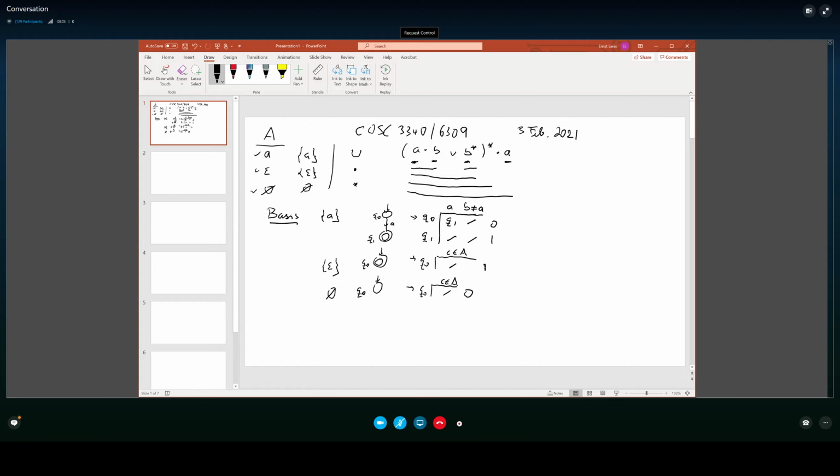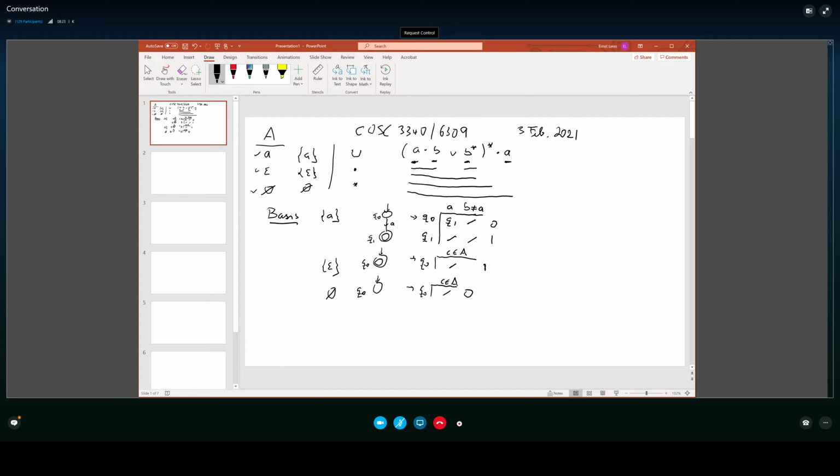But basically, we now have a starting point for our construction, which of course mimics exactly the way we verify that this thing actually is a regular expression.